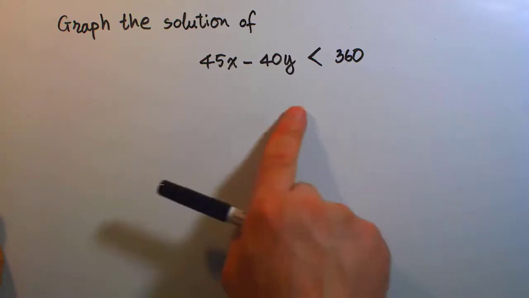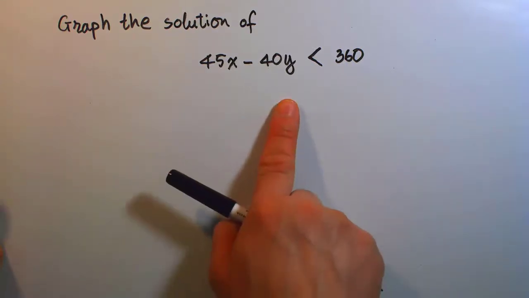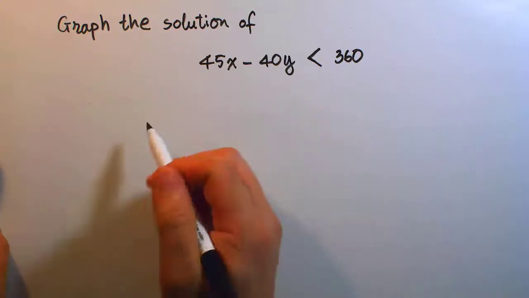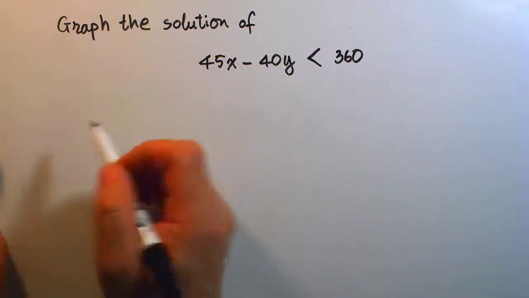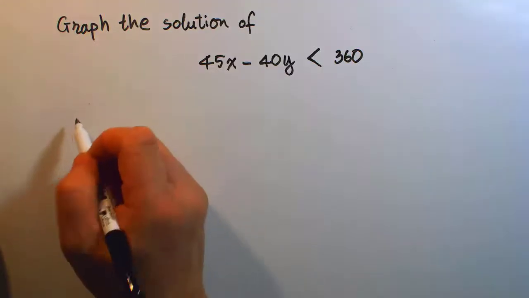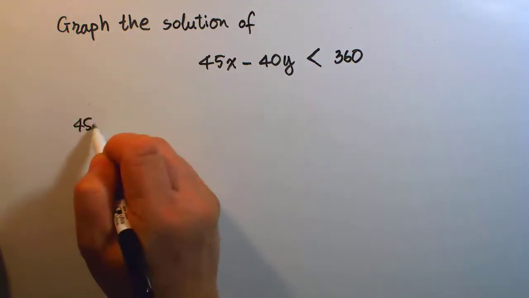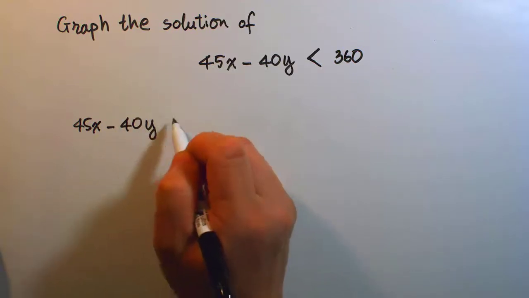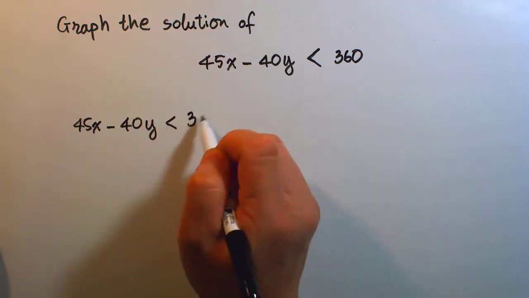The different approach I'm about to introduce is that from our inequality, I am going to spend a few steps. So these are my steps right here. 45x minus 40y at the start being less than 360.